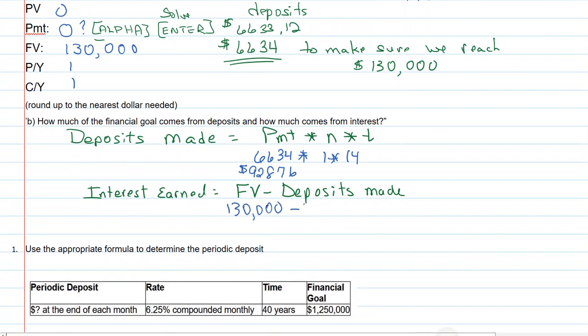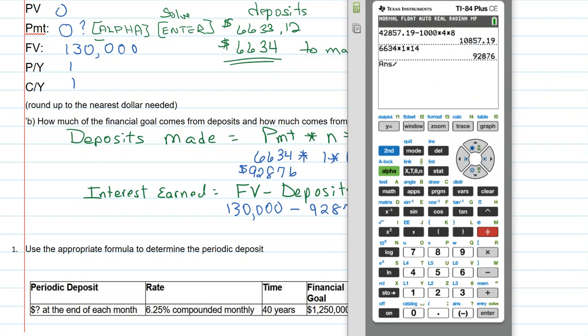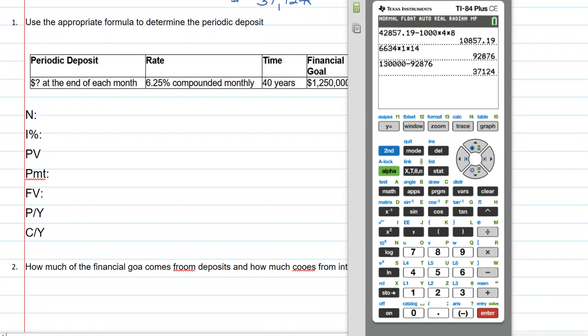We're just doing an approximation. 92,876. So we would have made $37,124.